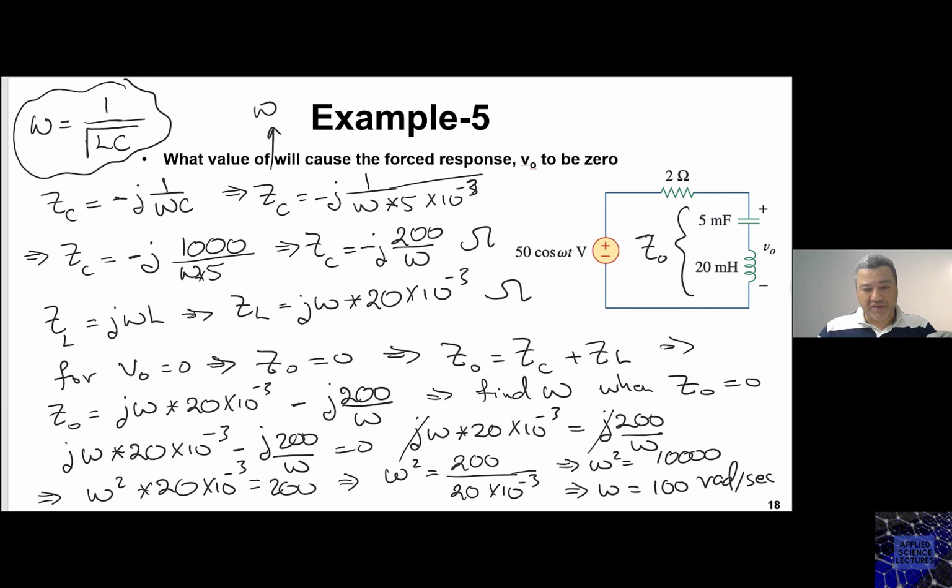Any question about this example? Sure, this is the resonant frequency. This is the resonance frequency. That's correct.